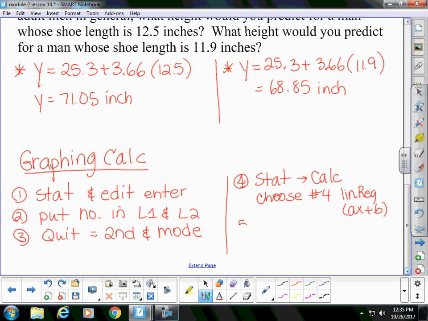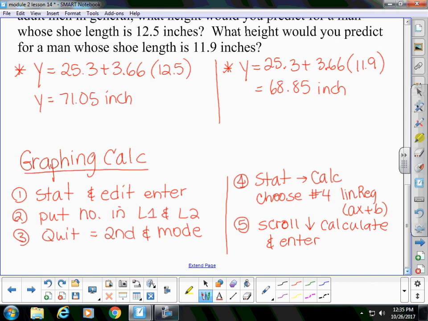That'll take you to your main screen, and you want to scroll down to Calculate and push Enter. And then that'll pop up your y equals ax plus b.